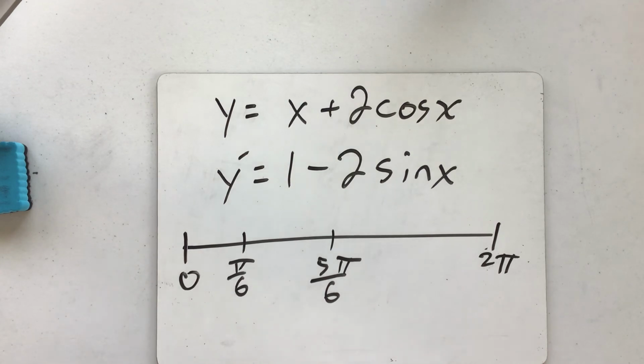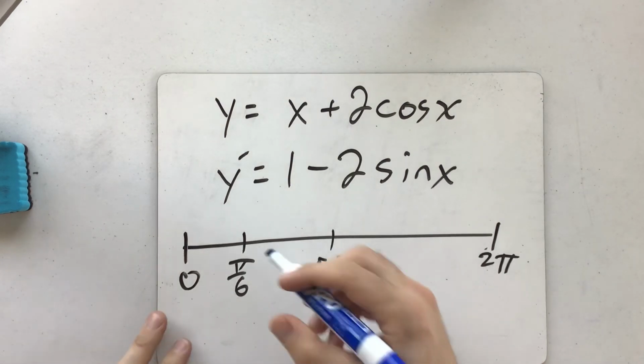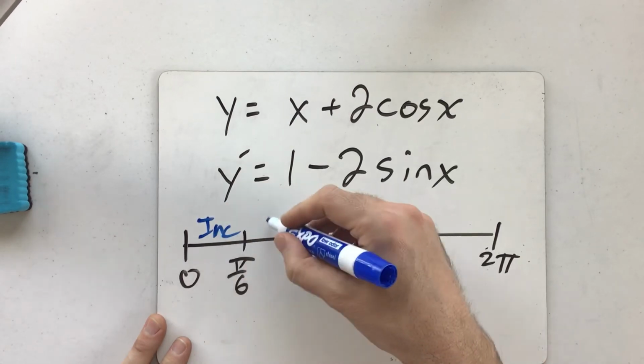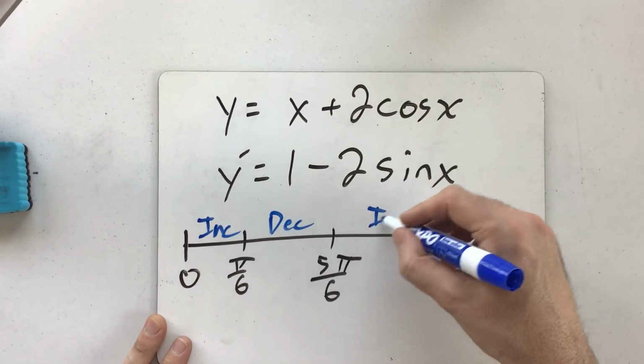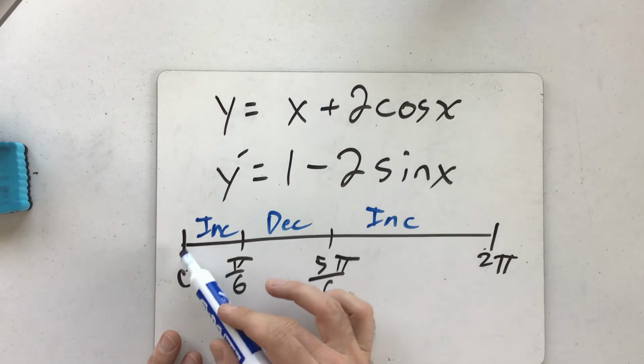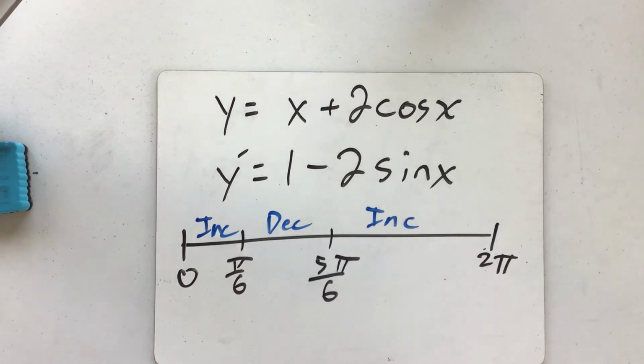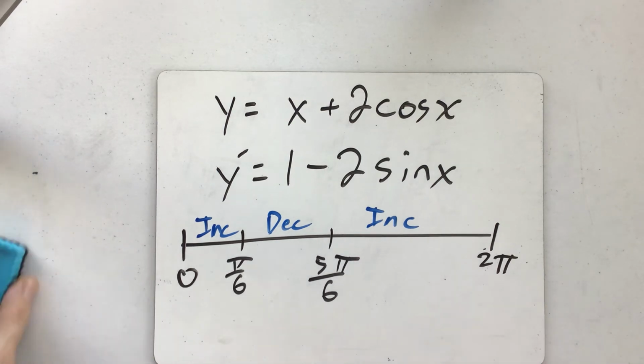I think this graph went increase, decrease, and increase. It went up, down, and then up again. Let's see, is that right? Yeah, I think that's right. Maybe I should check, but I will in a little bit.